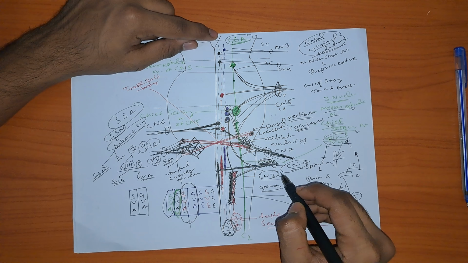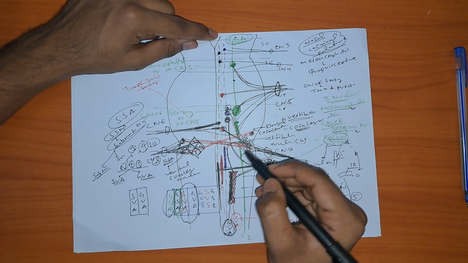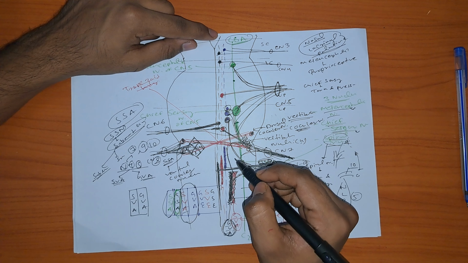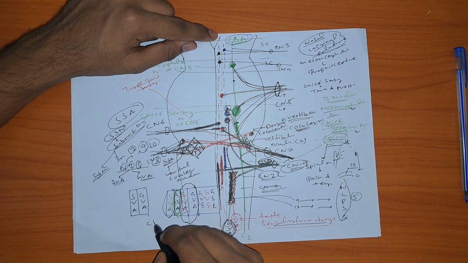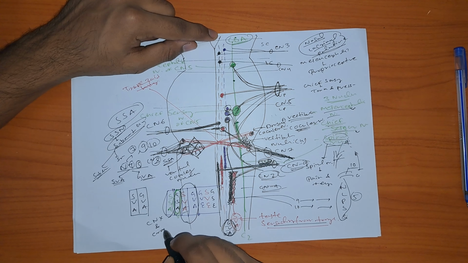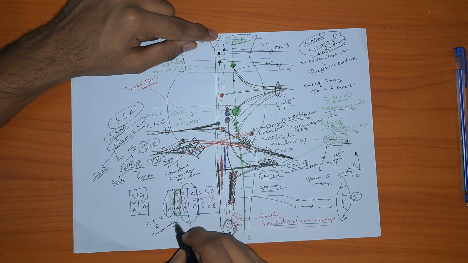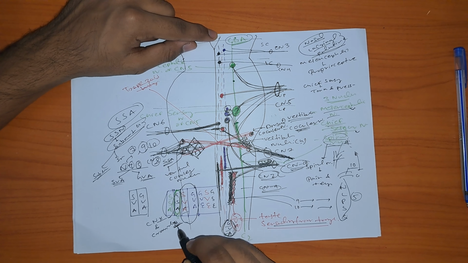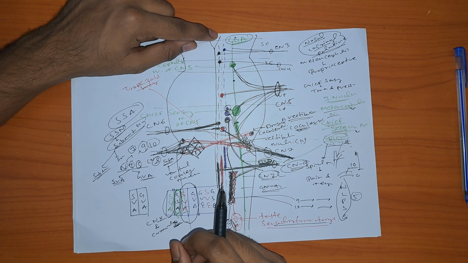Okay, now we will talk about cranial nerve 10. Cranial nerve 10 is the vagus nerve, and the cranial part of the 11th nerve. They are studied together because they share 3 nuclei.